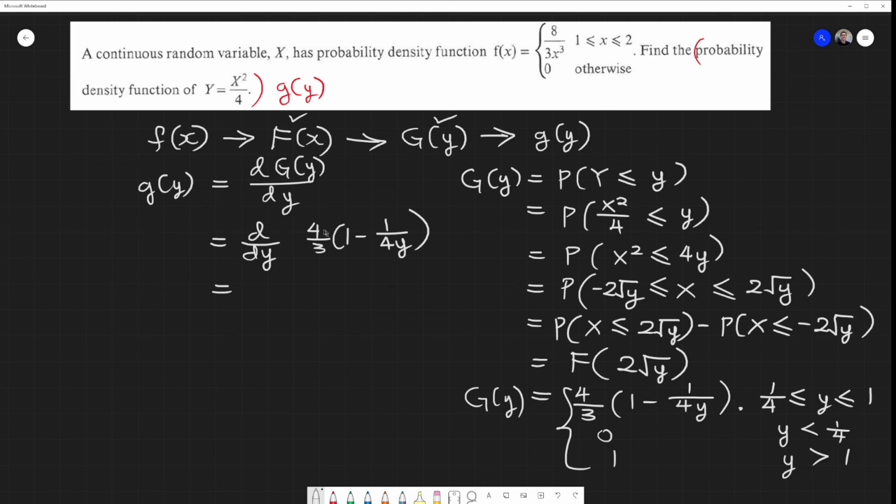Okay, so this is a constant that disappears. This guy gives me 1 over 4y squared. Right, so this is for 1/4 less than or equal to y less than or equal to 1. So this is gy, and make sure to fully define it for all values of y.